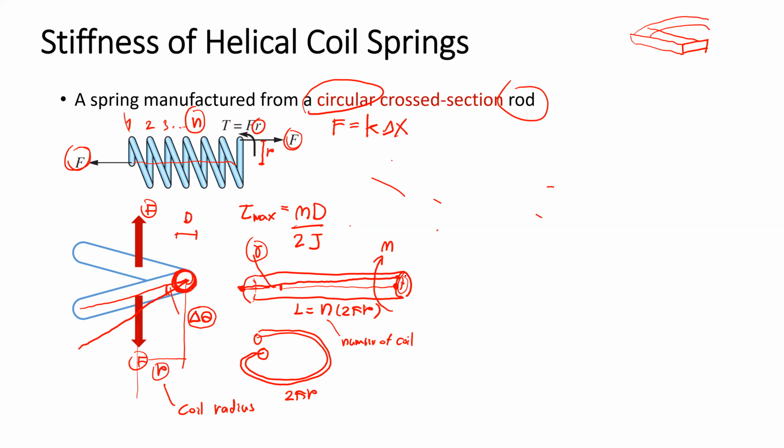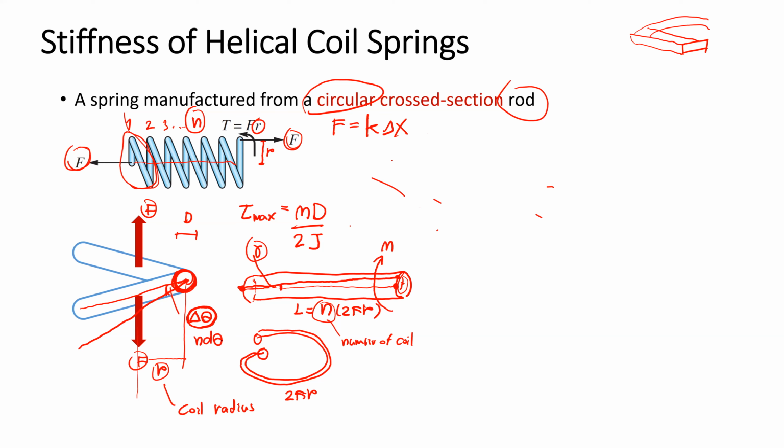If we know that the total angle in one coil may have delta theta, but the spring has n coils, so actually the total angle should be n of delta theta.